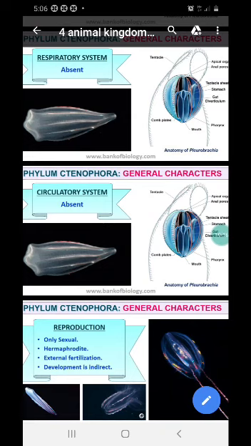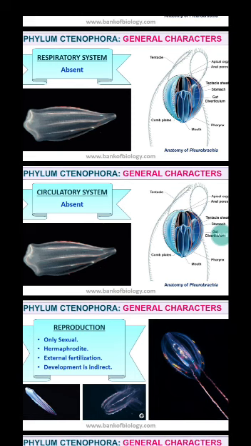The reproduction is sexual, only sexual reproduction is seen in these animals, and they are hermaphrodite. Hermaphrodite means both male and female are seen in the same organism, and the fertilization is external, and the development is again indirect development.